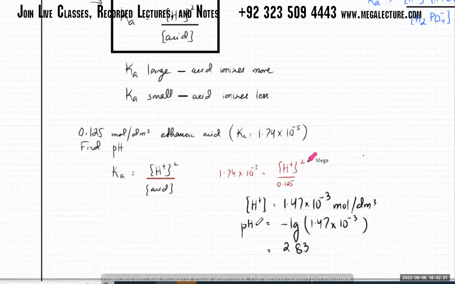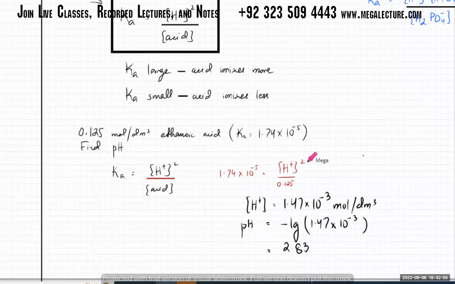If it's a very weak acid, its concentration can be very high, so the pH will come out to be low. And if it's a very strong acid and its concentration is very low, that would mean its pH would come out high, because its concentration is low, so automatically H plus will also be low. Try to understand this.